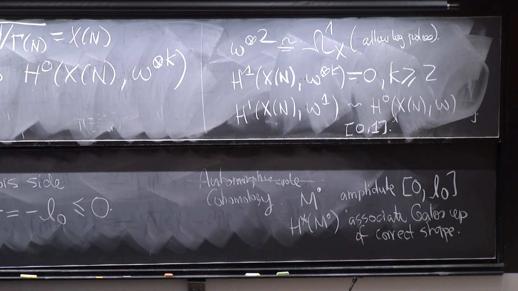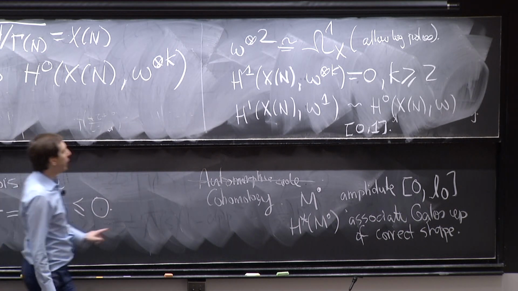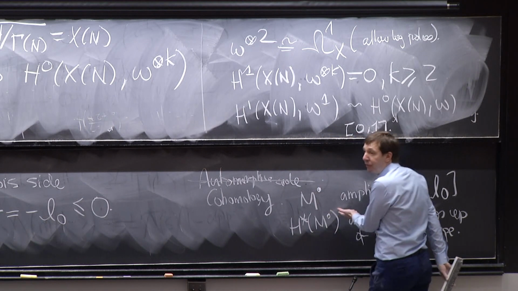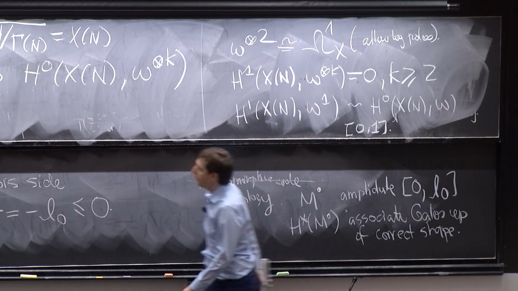Okay. So the goal, in order to prove a modularity theorem, is that in your situation, somehow you have to come up with a source of Galois representations associated to a complex.